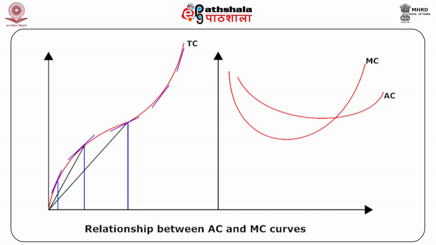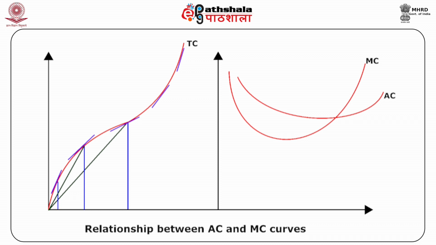And now you consider the average cost curve. The average cost is the slope of the ray from the origin. I have not complicated the diagram by putting labels over here, but you could imagine that we have 5 points A, B, C, D and E. So at A you could see that the slope of the ray from the origin is higher, at B it declines, and at C it declines further.